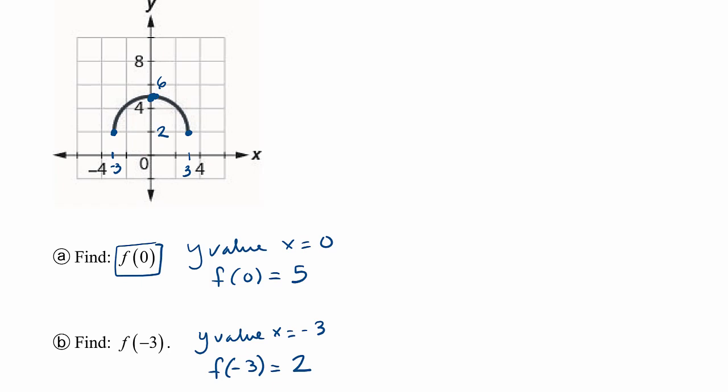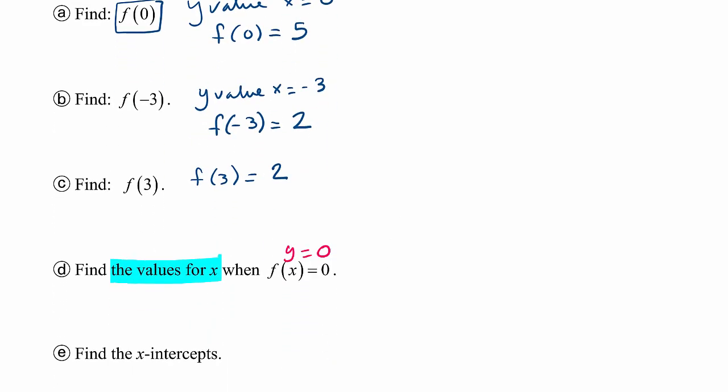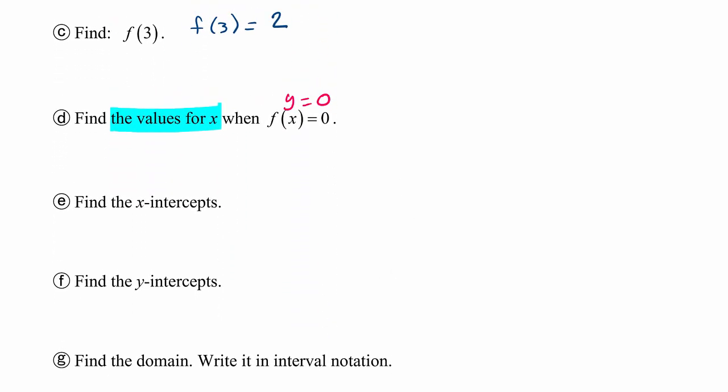Based on previous work, that means the range of this function does not include 0. There's no y coordinate of 0 indicated in our graph. So we're going to have to say does not exist for D and E. We do not have any x values that have a y of 0.